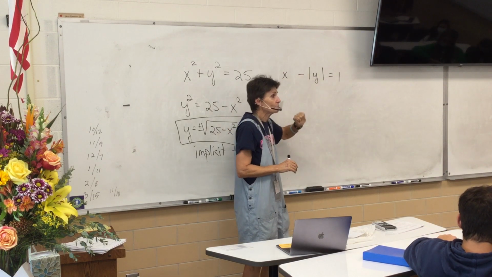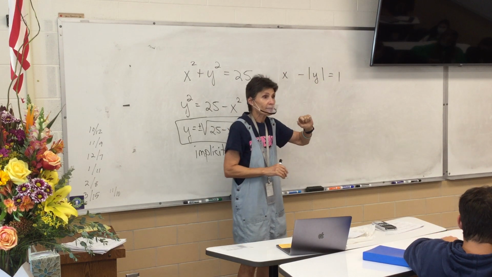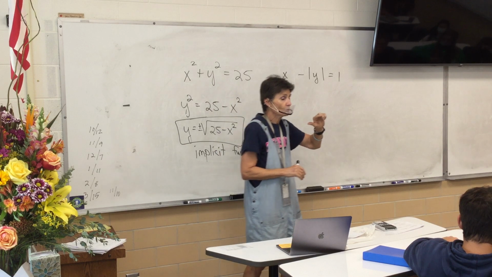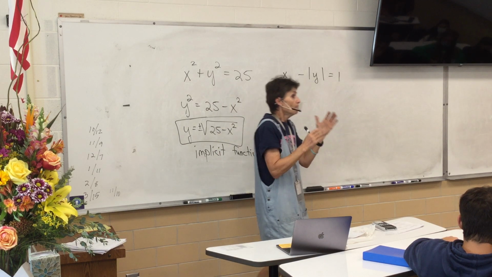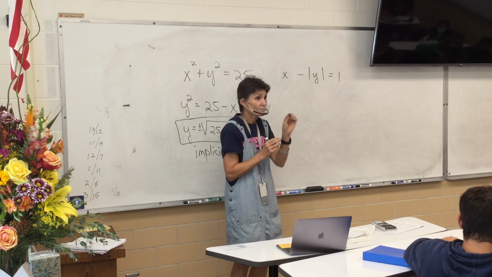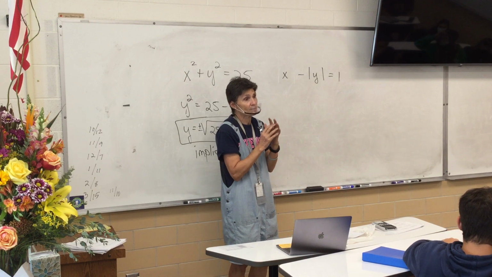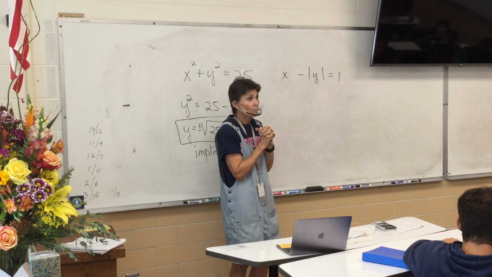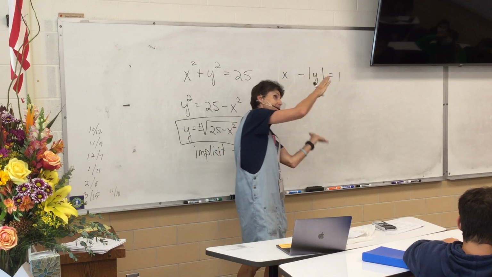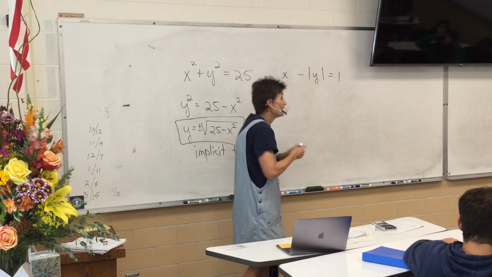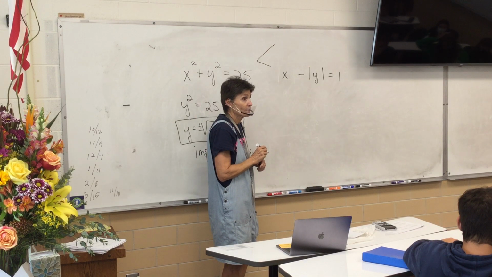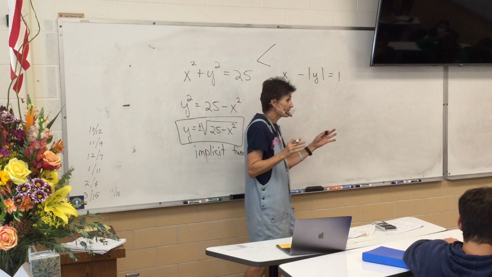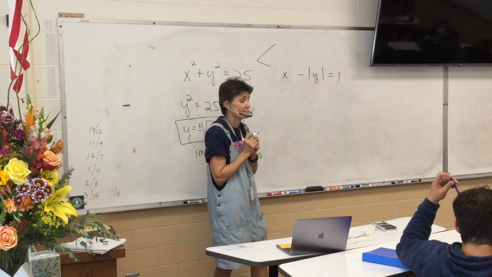It has an absolute value in it, so you would expect it would look like what shape? A V. But this time there's a y inside the absolute value, which means you're going to have a V, but yes, David, it's a sideways V. This is not going to be a function. So I have to split it apart into its two implied pieces.